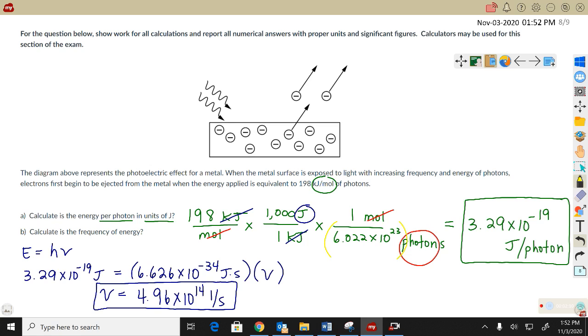Otherwise, it just might not be recognizing that this is one quantity. And instead, it'll take your 198 times 1,000, divide that by 6.022, and then raise that to the 23rd power, which is not at all what we want. We want to divide by this enormous quantity. So we should end up with an answer that's really small.